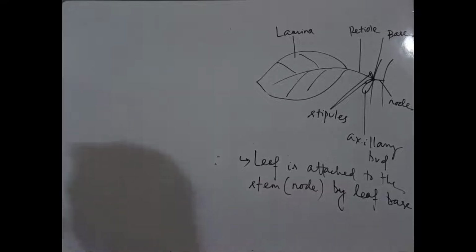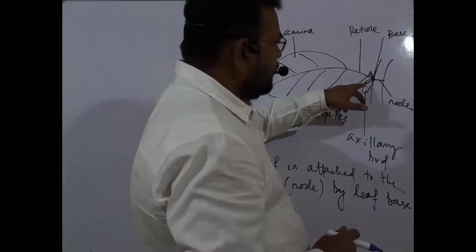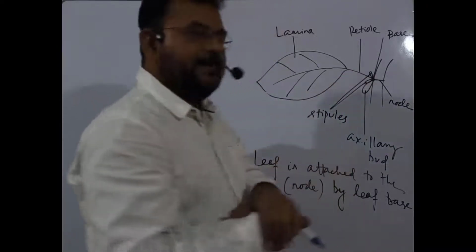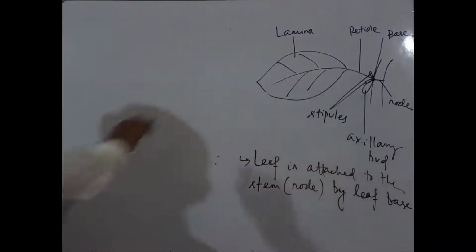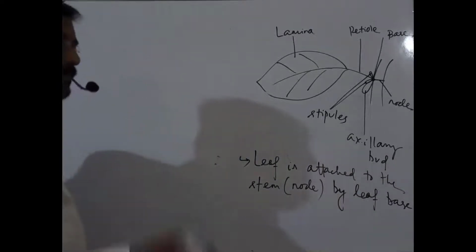And the leaf base may bear two small lateral, लीफ बेस की दोनों साइड में छोटे छोटे दो स्मॉल लैटरल अपेंडेजेस है, जिसका नाम है stipules. That may be present, may not be present.